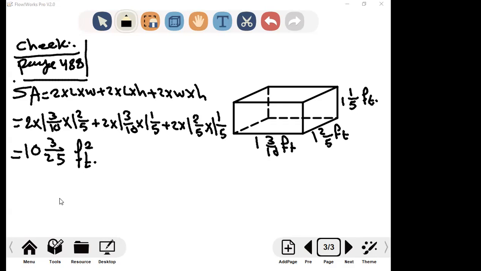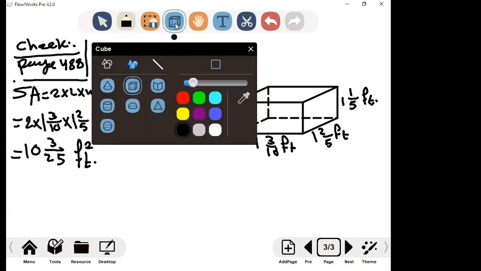So this idea is only for what? For rectangular prism. But if we have a triangular prism, now look at the board while you are copying.